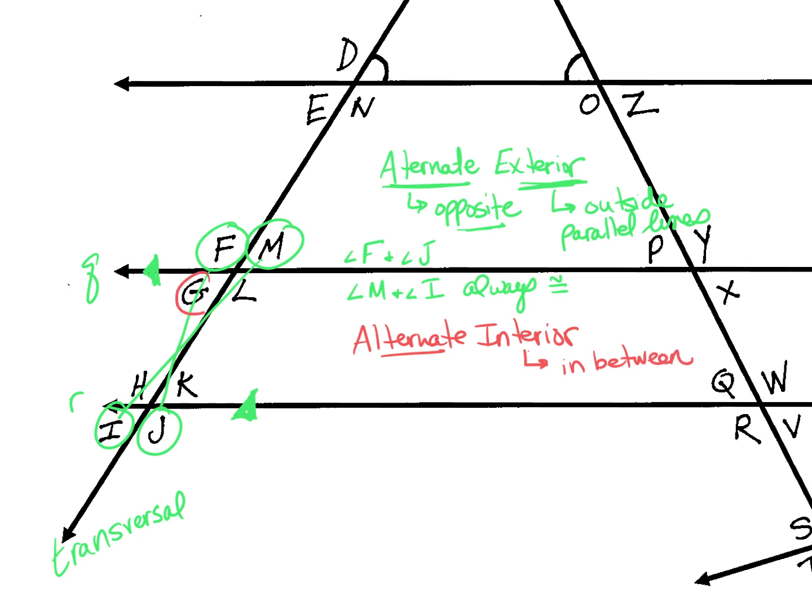So that is G and K. Those are alternate interior. L and H are also alternate interior. And they are also always congruent.